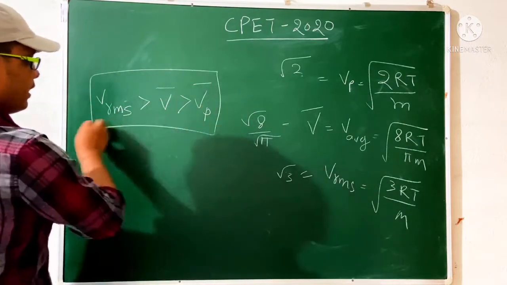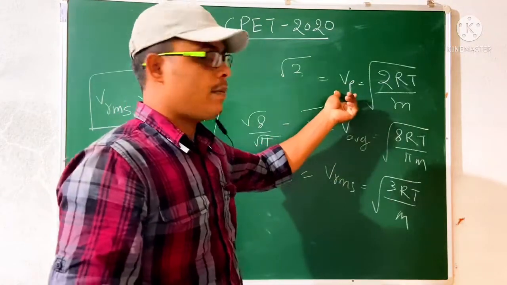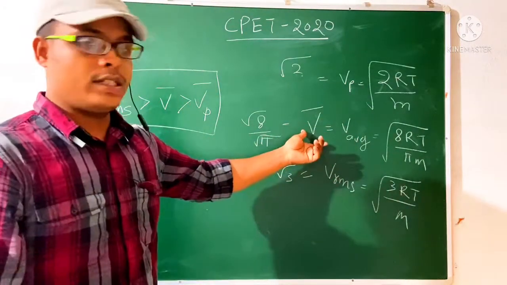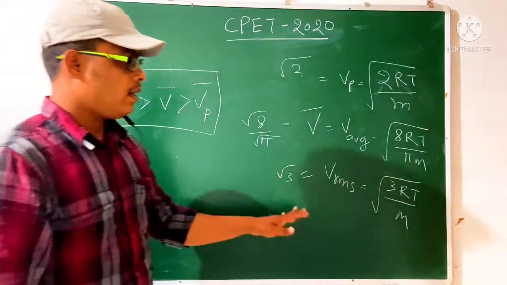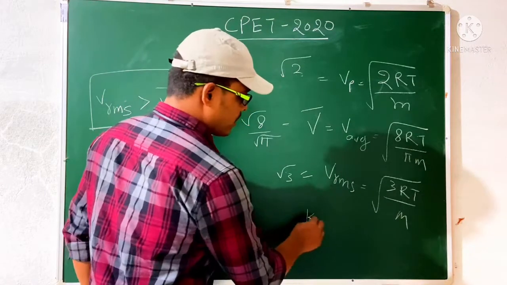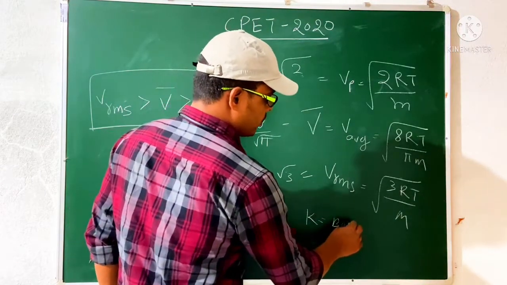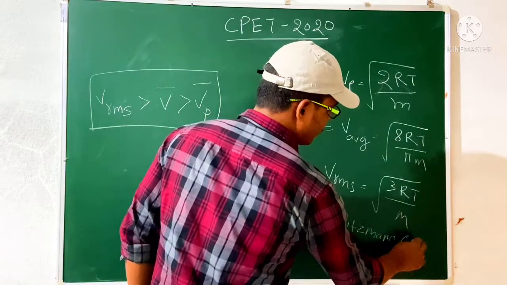So this is the technique for velocity. You have to remember this formula: this is for the most probable velocity, this is for the average velocity, and this is for the RMS velocity. Remember, the k value is not Planck's constant. This is actually the Boltzmann constant. Sorry, there was a mistake.